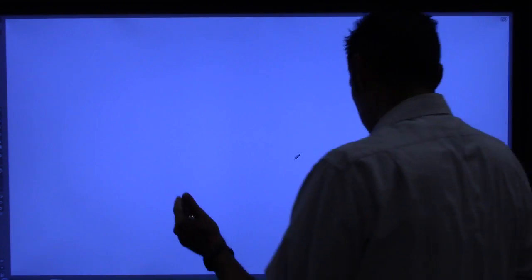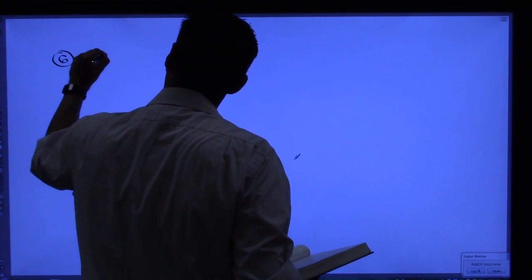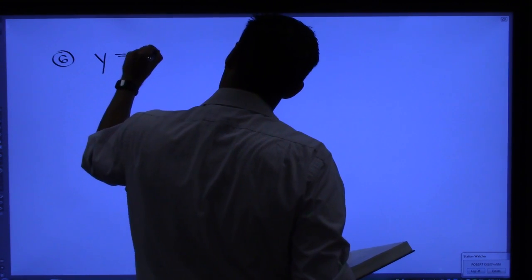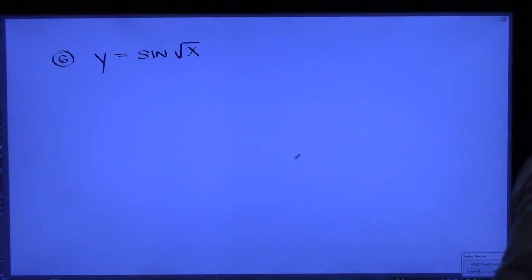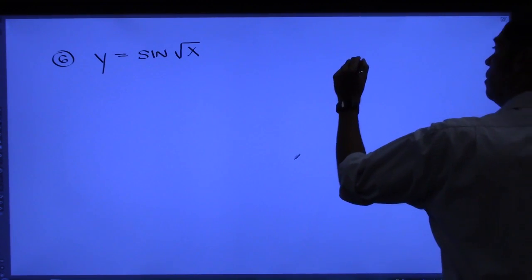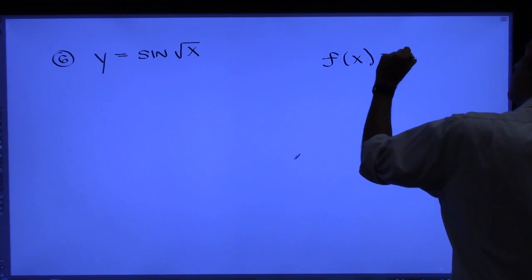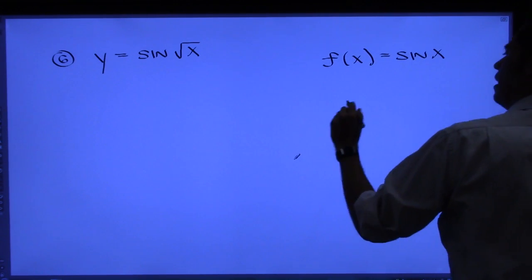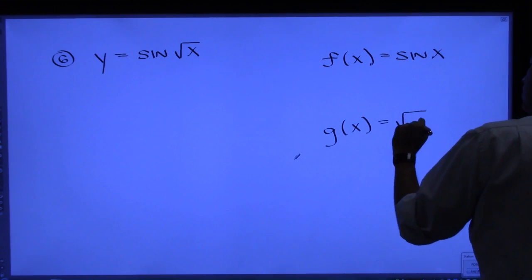Okay, next one, number 6. Number 6 is a little different because you have y equals sine of root x. This is very similar to the previous problem, except that the root is inside. It's the argument of the function. So the outer function is sine x, and the inner function is root x.